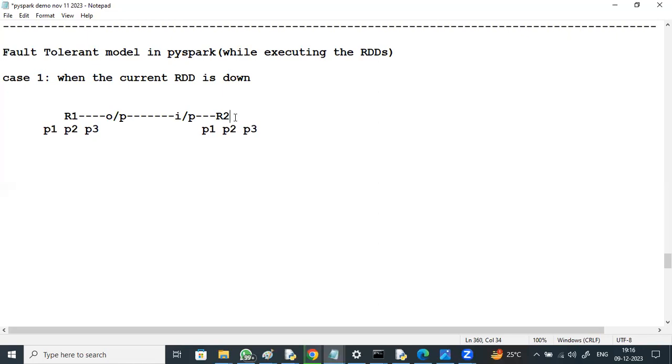This R2 we call the current RDD, and this R1 we call the previous RDD. So what happens when the current RDD is down?